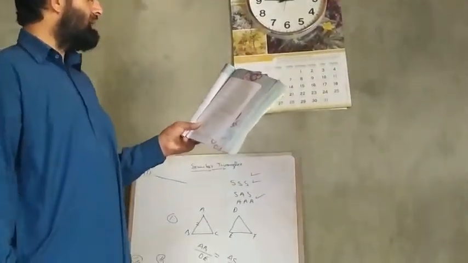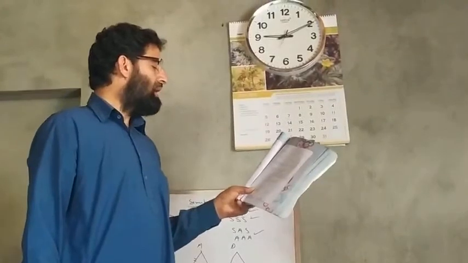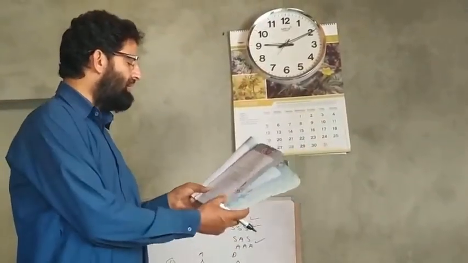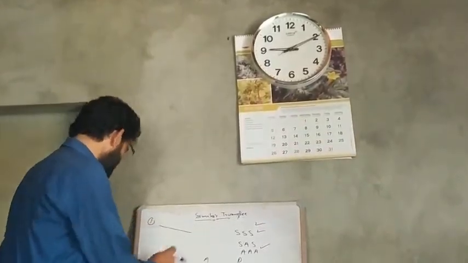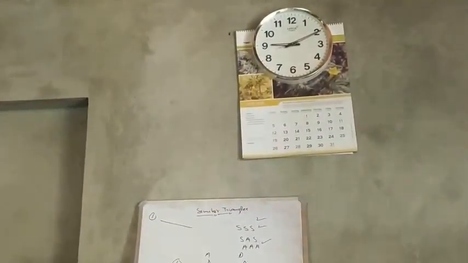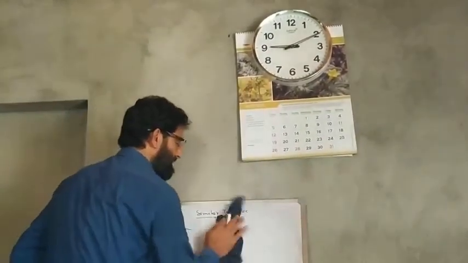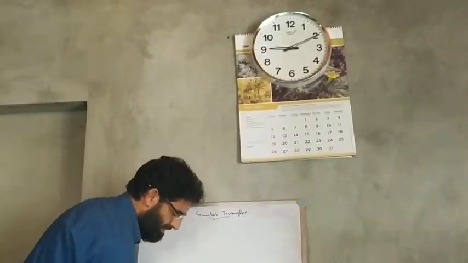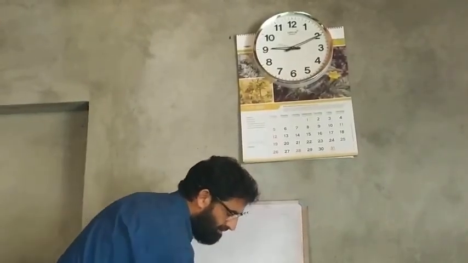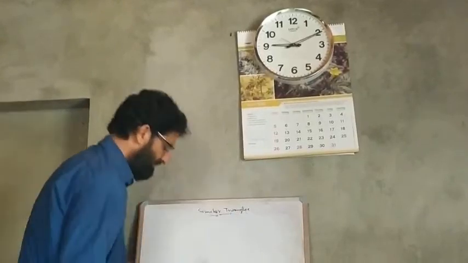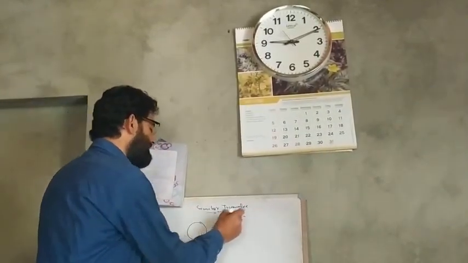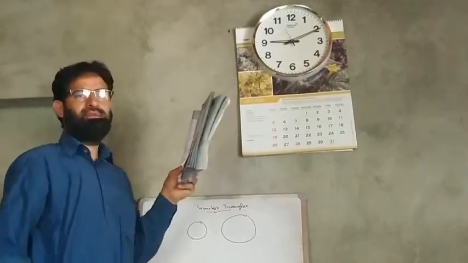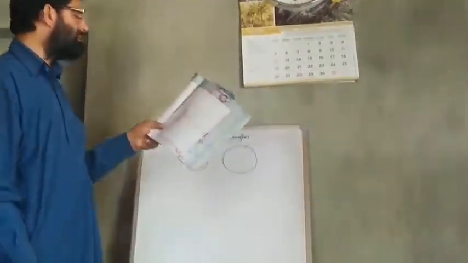Now question number 2 is give different examples of pairs of similar figures. Similar figures are like this: two examples of similar figures. This circle and this bigger circle are both circular, so these are similar figures.